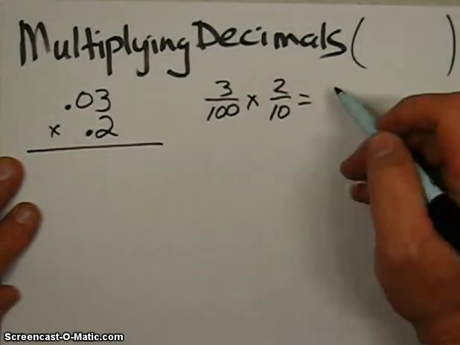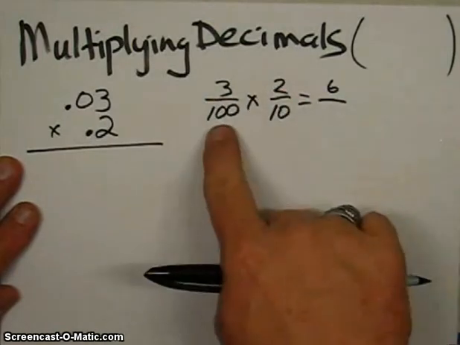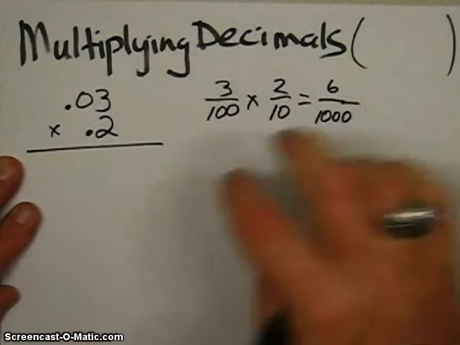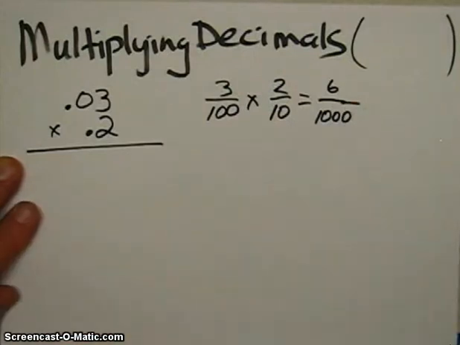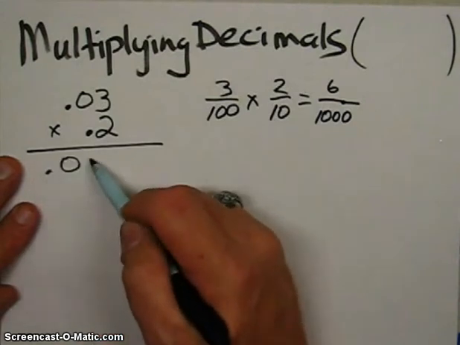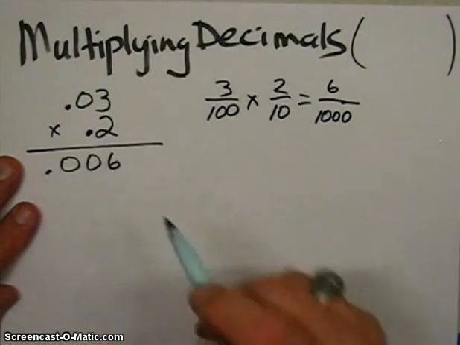Okay? 3 times 2 is 6. 100 times 10 is 1,000. And so the answer to this problem has to be 6 thousandths. And how would you write 6 thousandths? We would write it by putting a 6 in thousandths place. The correct answer is 0.006.